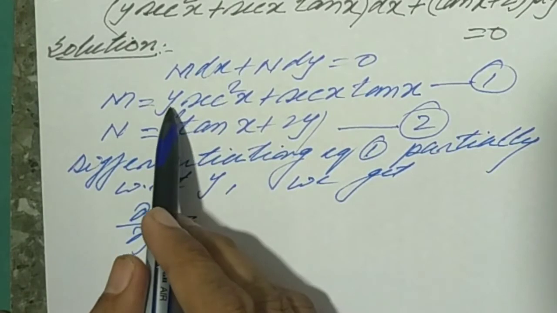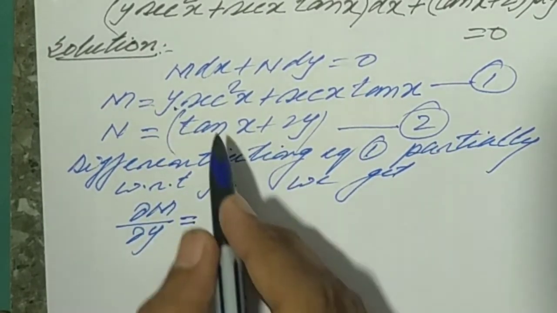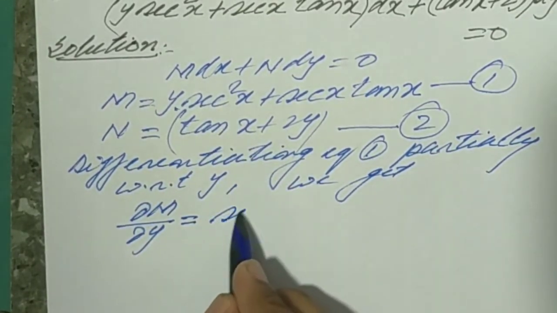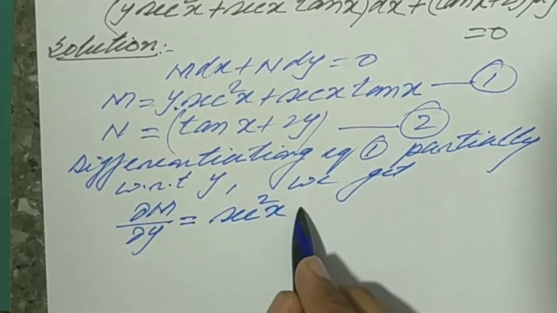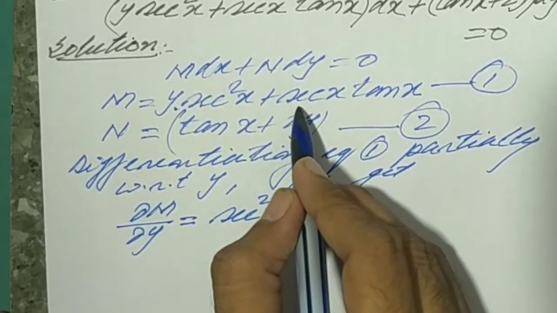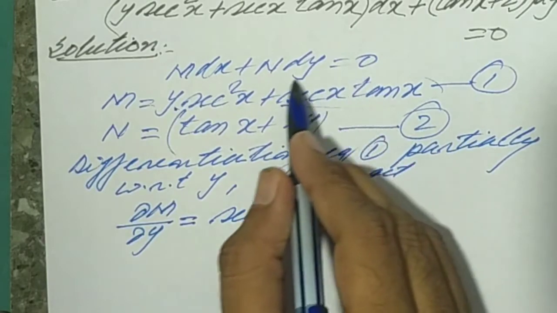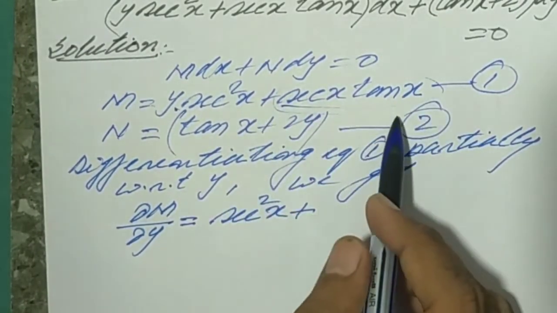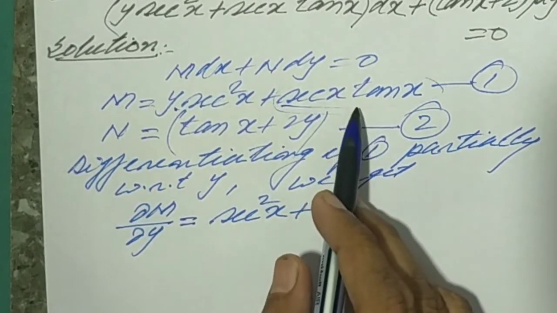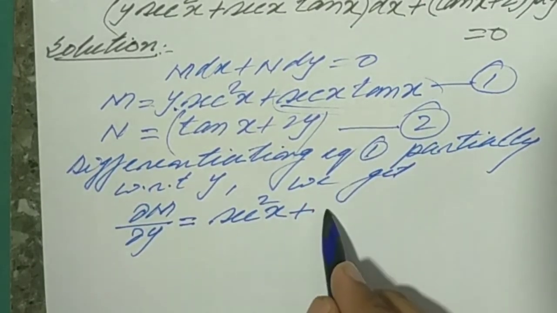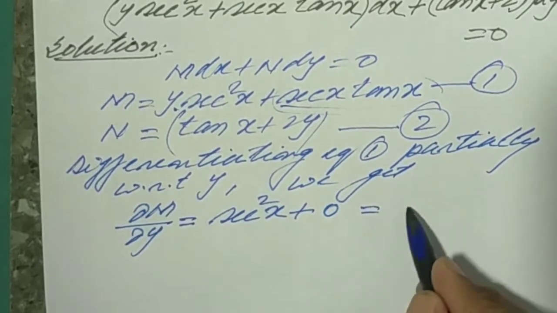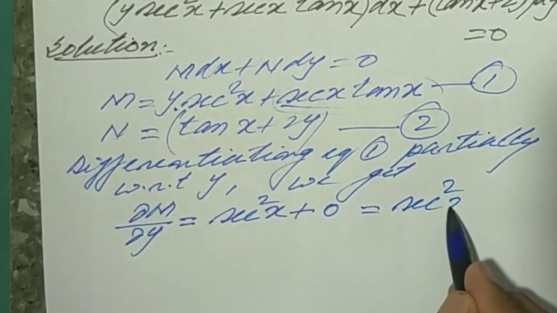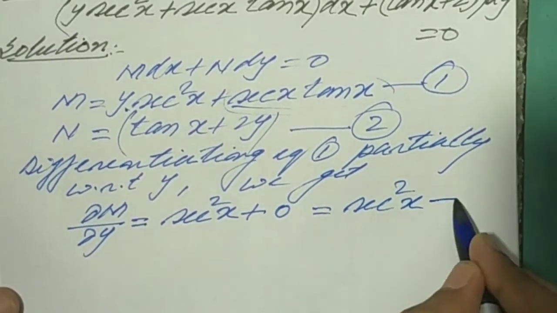Partially with respect to y, that means differential of y is 1 and sec square x remains as it is, plus, and here the whole term has functions of x, there is no y, so the whole term is considered to be constant when we differentiate it partially with respect to y, so differential of this term is 0. So finally we get sec square x, let it be equation number 3.